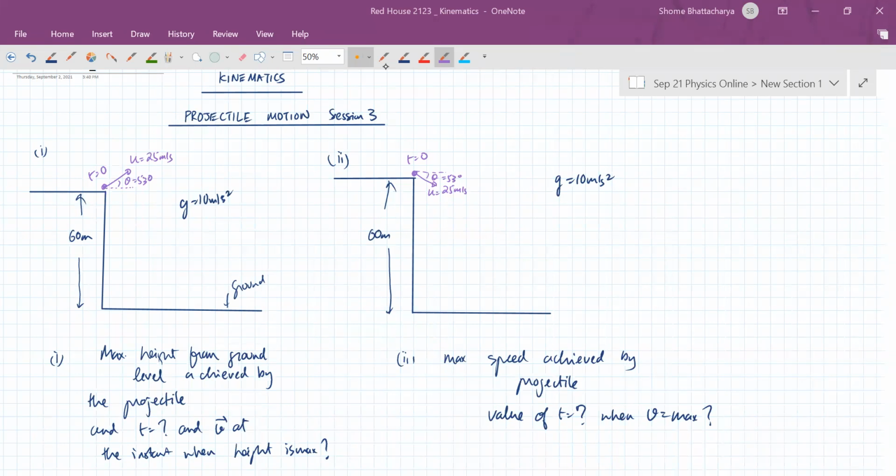Yes, Adinath. Yes, Manav, your answer is correct for the first one.